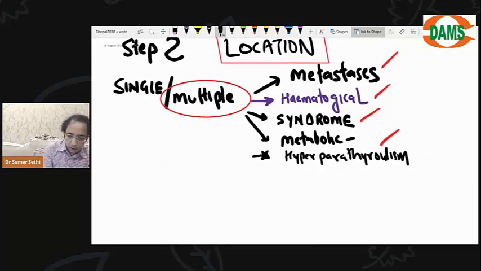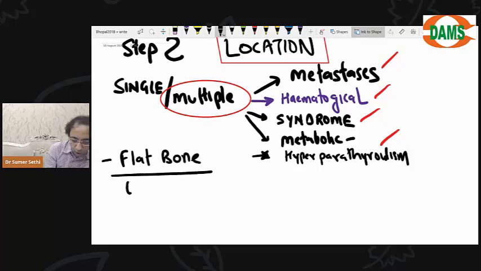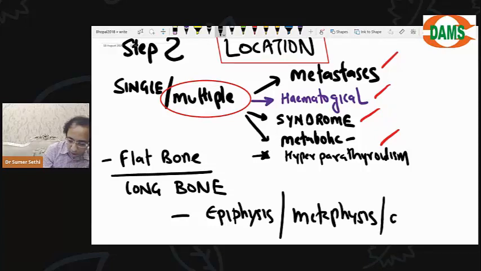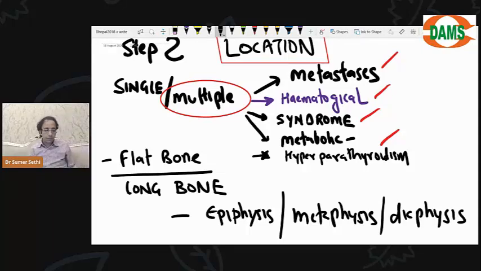Clear? Then I look at, is it a flat bone or a long bone? Then I look for, is the disease involving the epiphysis or metaphysis or diaphysis? ठीक है.